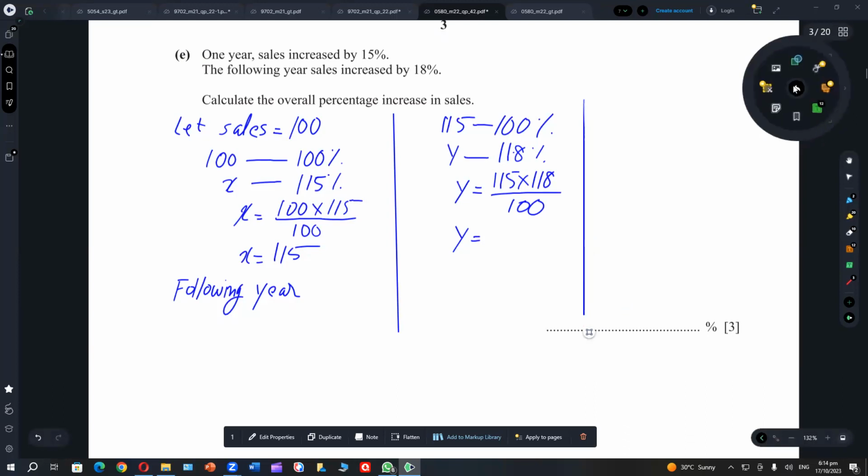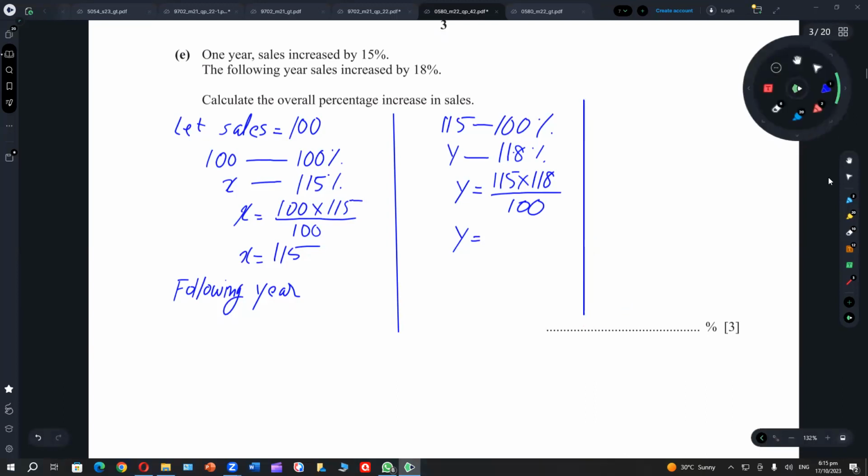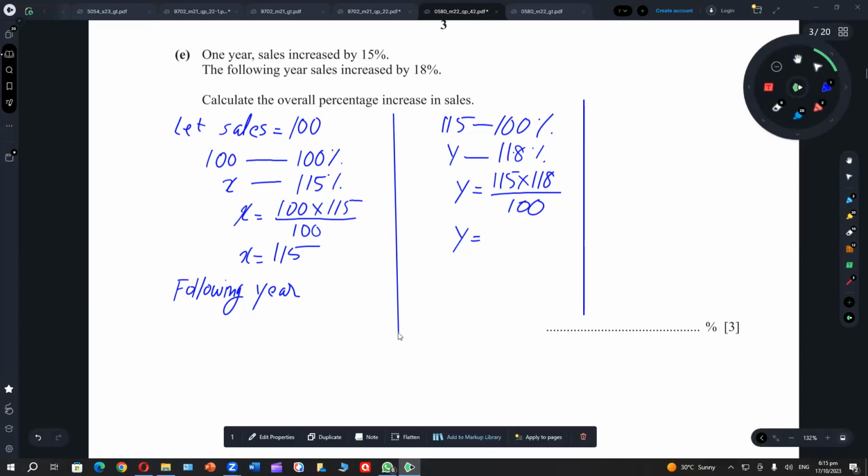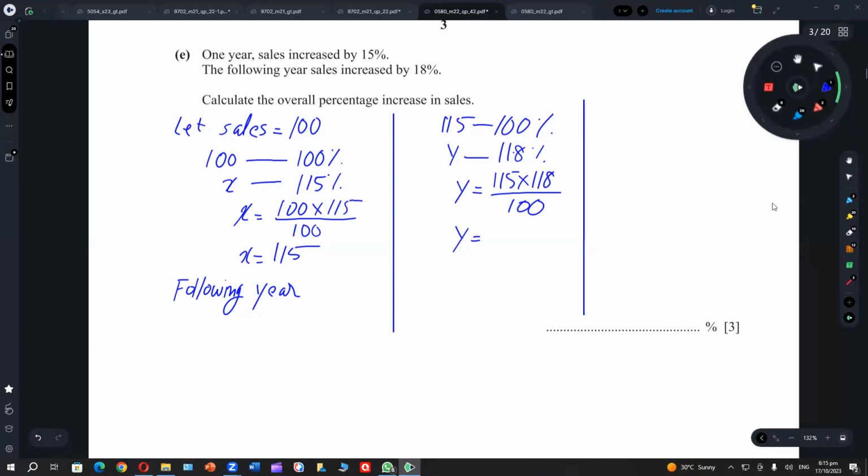Let's see what Y comes. Y is 135.7. So the original sales was 100 and now it is 135.7.